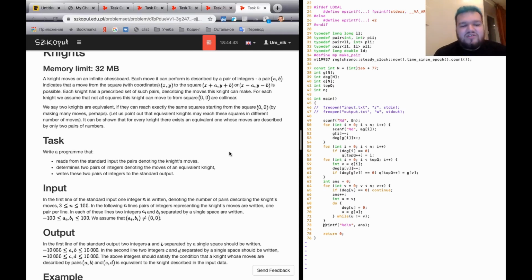It has n pairs of numbers a, b, and it can move by the vector ab or minus a minus b. So from square xy, it can move to the square x plus a, y plus b, or x minus a, y minus b.